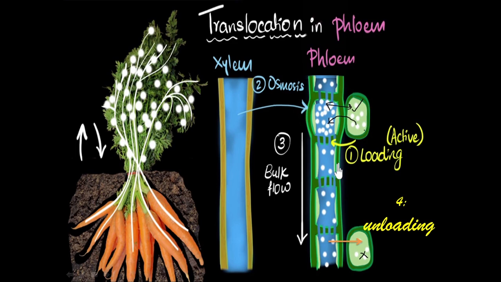There are two ways by which the plant can cope with it. One is to give the food back to this particular part. But that is not why we started translocation, right? We are taking the food from here because this particular part needs food, so the phloem can't give the food back here.